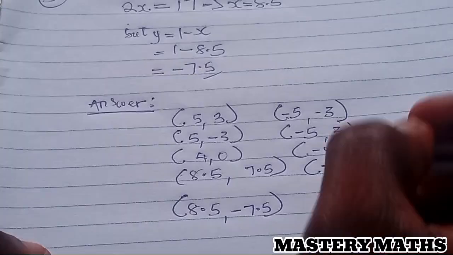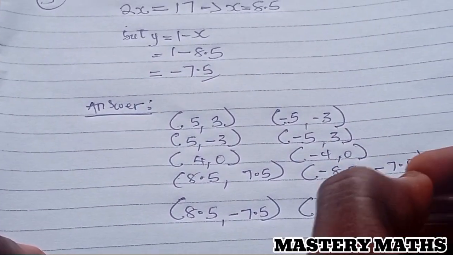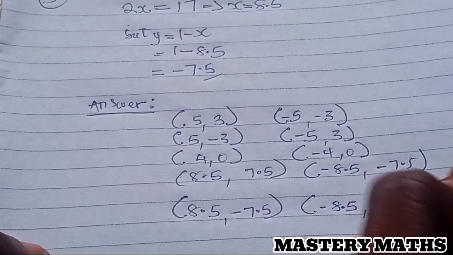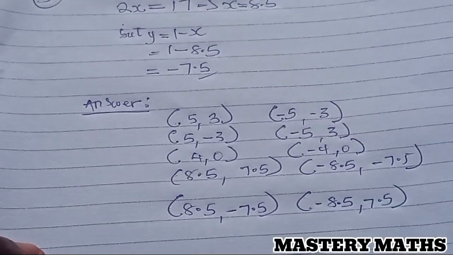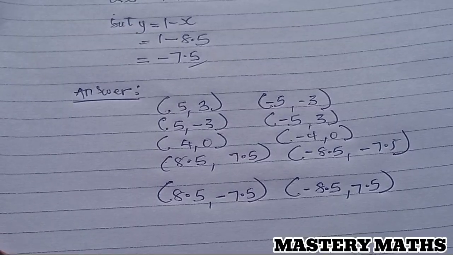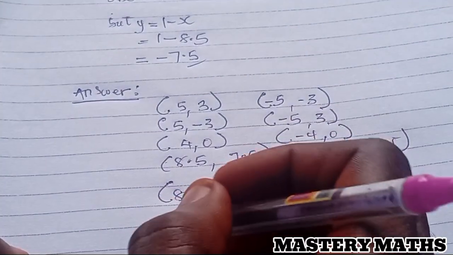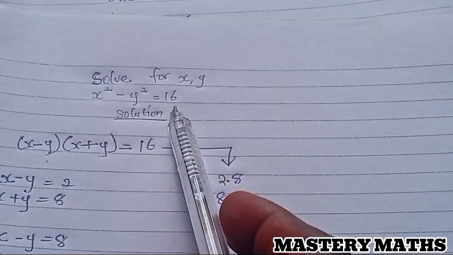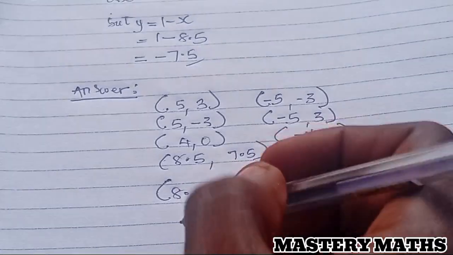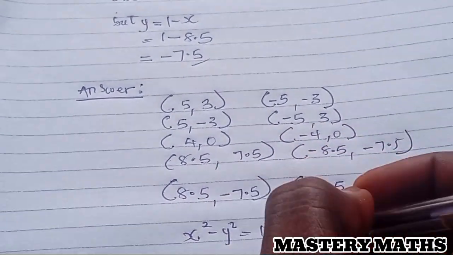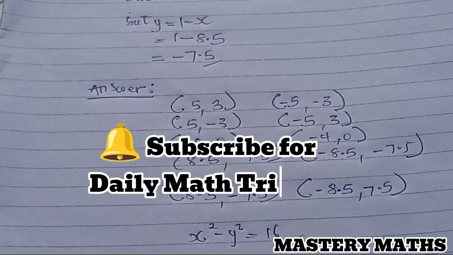Minus 8.5, minus and minus is plus, which gives us 7.5, which we've gotten here. So giving us the answer, which says that our x squared minus y squared is equal to 16. Thank you.